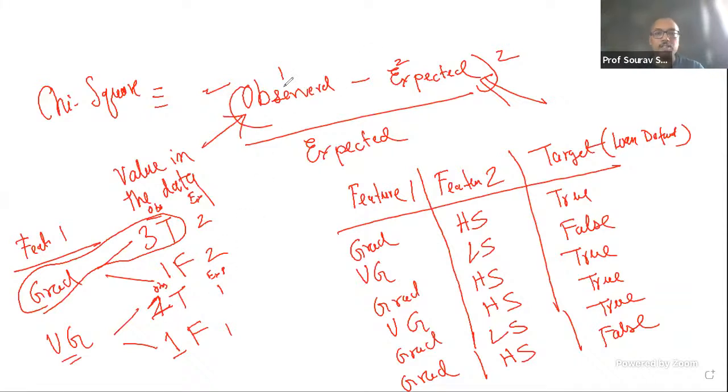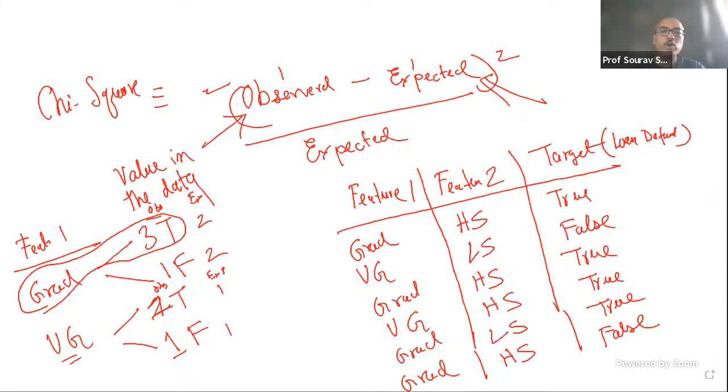In the third case, my observed value is 1, the expected value is also 1. And in the fourth case, once again, my observed value is 1 and the expected value is 1. So summing all that up, I get my total chi-square value for feature 1. Right?